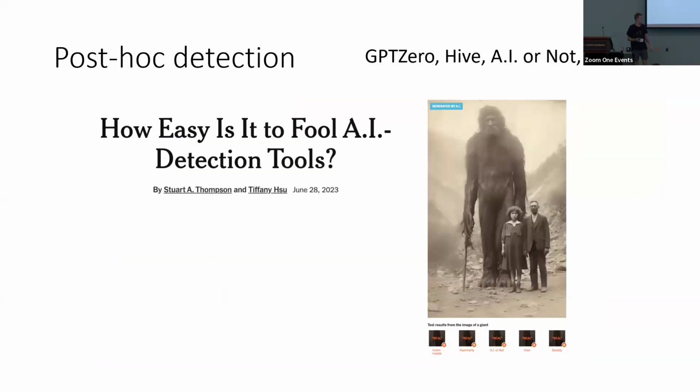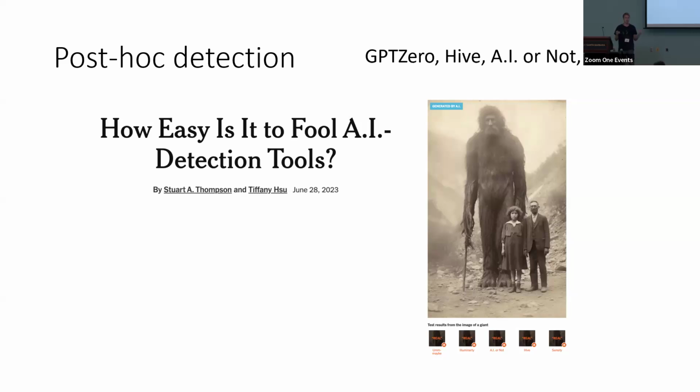A lot of services have done this, but unfortunately, none of them really work that well. The New York Times has a survey on this from about a year ago, showing that without even changing the images at all, a lot of the time you can get AI-generated images that will fool all of the existing post hoc detectors, at least at the time of doing it.